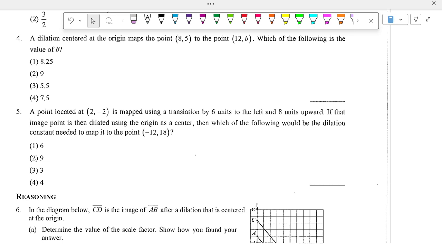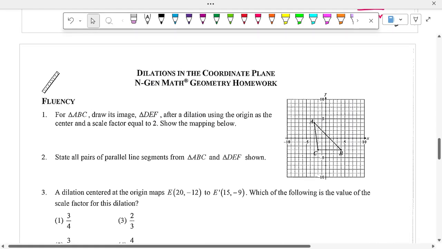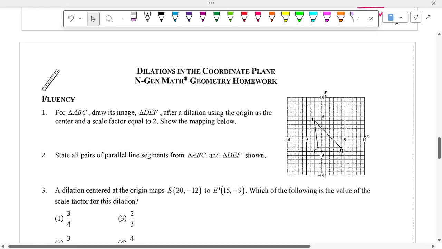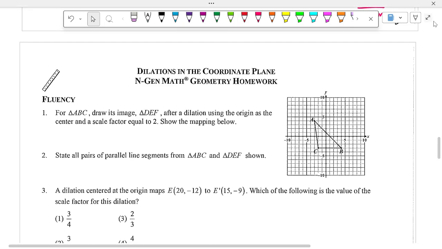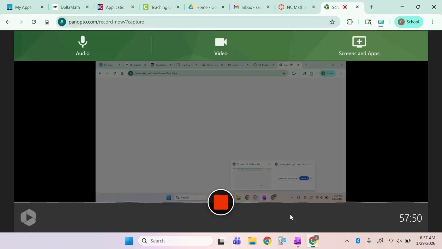So page 23, I will check first thing tomorrow. But you should have enough information to be able to finish the Delta Math. If you finish both early, work on your journal.